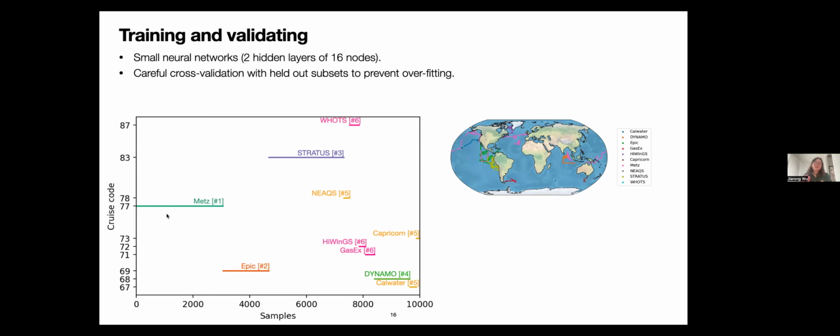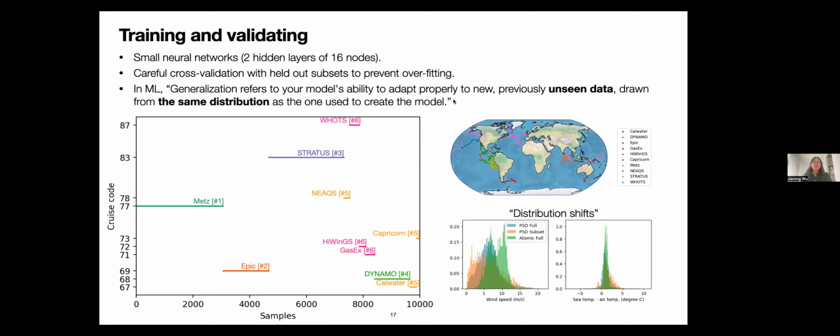For each training, we hold out one of the subsets of the cruises, making sure that the training data doesn't contain that subcruise. Then during training, we use that held-out data to validate and prevent the network from overfitting. So yeah, these are the cross-validation tricks.